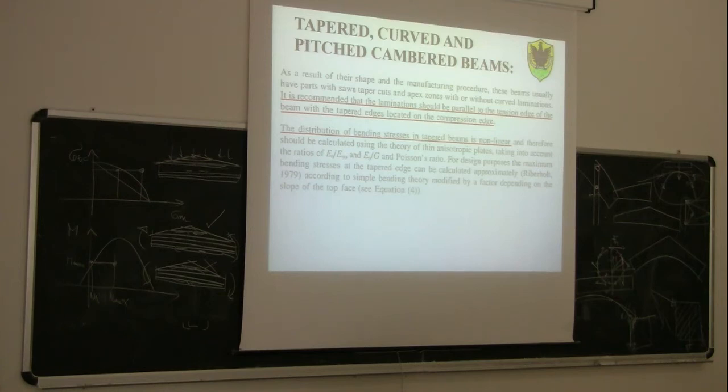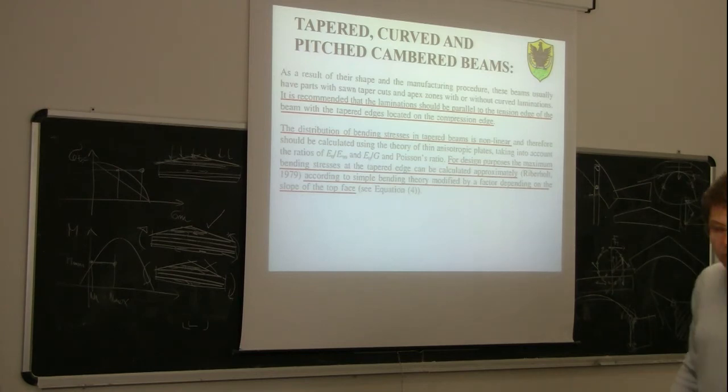Another important point is that in these taper beams, the distribution of bending stresses is nonlinear. So the simple bending theory does not apply anymore in this kind of taper beams. However, for design purposes, the maximum bending stresses at the taper edge can be calculated with some approximation using the simple bending theory modified by a factor.